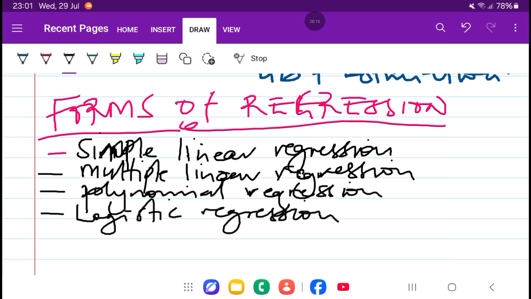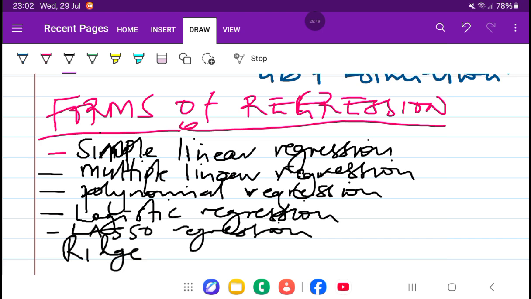These are some of the things that if you are doing maybe SPSS, or you are doing maybe Stata, you'll have things that are categorical in nature. We also have what we call lasso regression, and then the ridge regression.